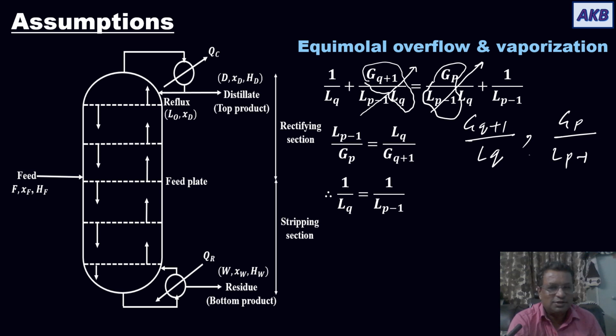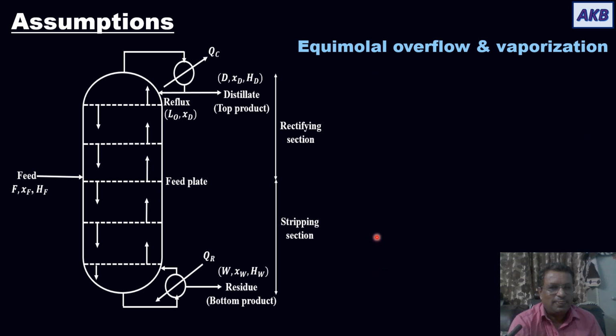So that means you are left with 1 upon LQ equal to 1 upon LP minus 1. The ratio is constant, and that's why we are left with this. So that gives us LP minus 1 is equal to LQ, which suggests that the liquid flow is also constant.